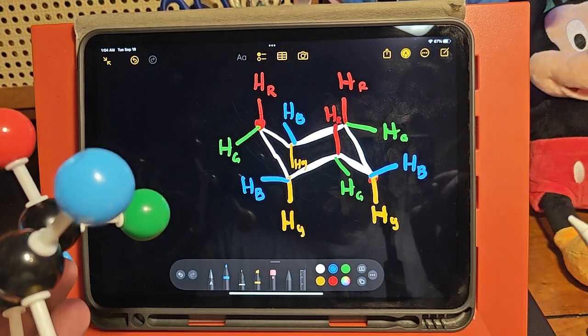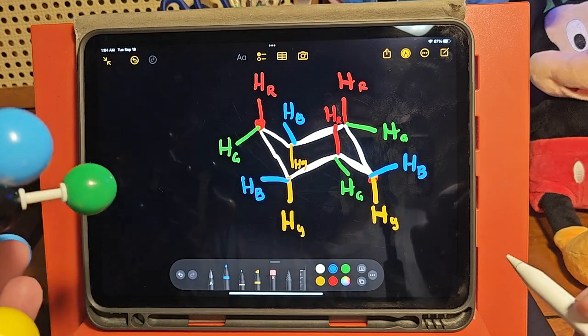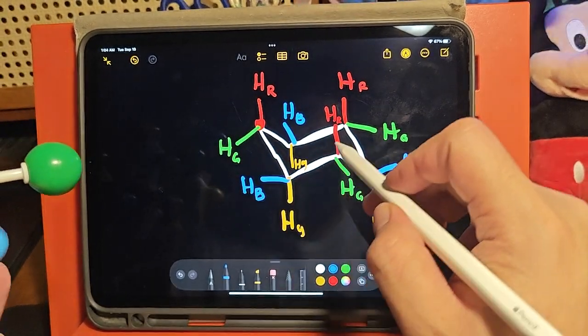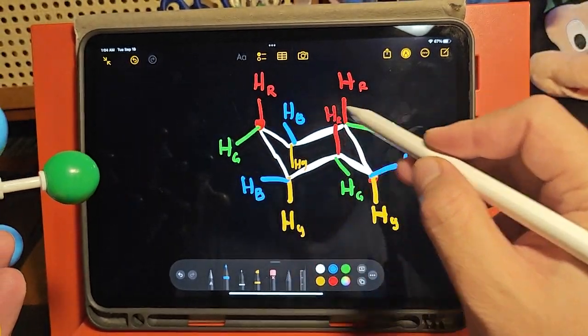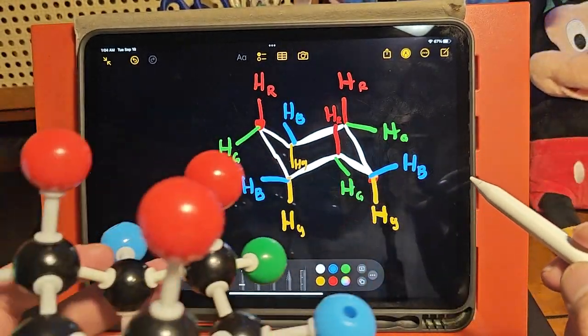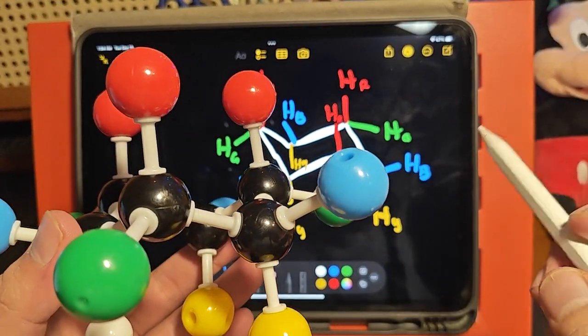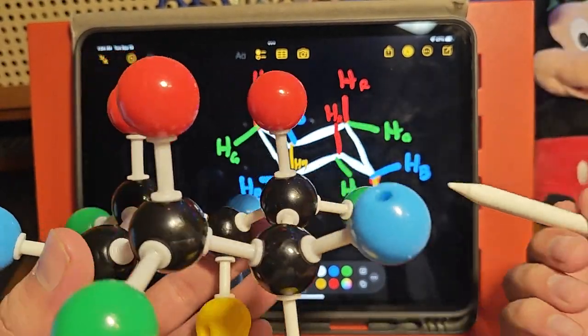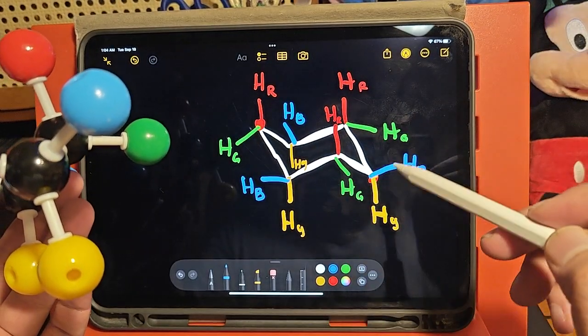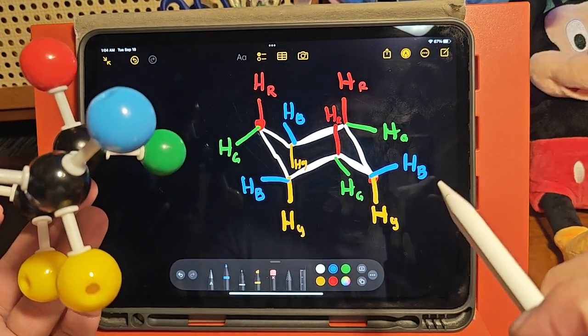So I want you to go through that module and really study how you draw this properly and how you draw all of these different hydrogens or different substituents pointing out either up or down or sideways from the ring. All of these have very specific angles.